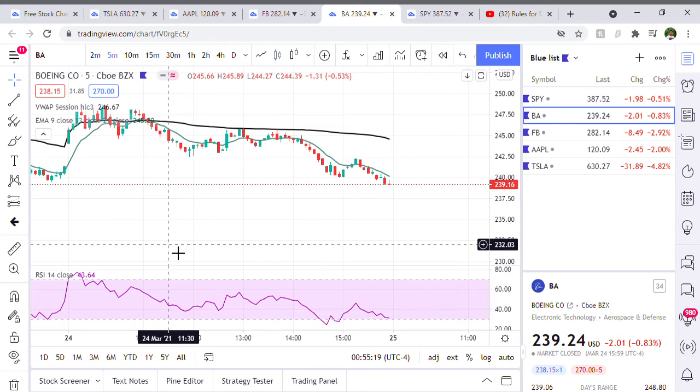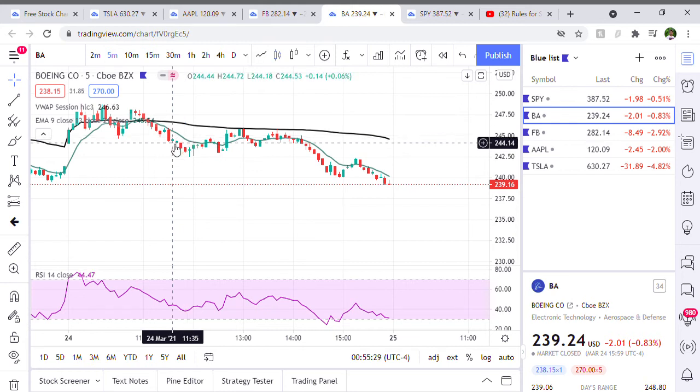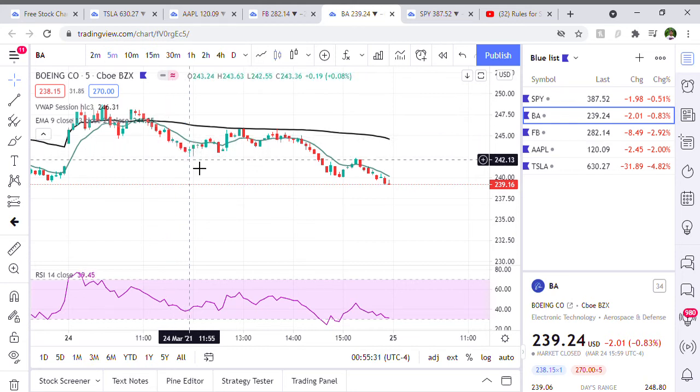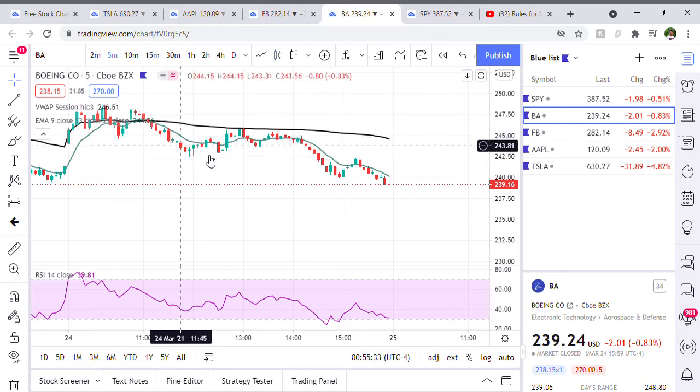So at 11:30, over here, I'll allow the stock to touch back. It did not touch. It went below my entry point directly. Even that is okay. You can enter below 244.14.